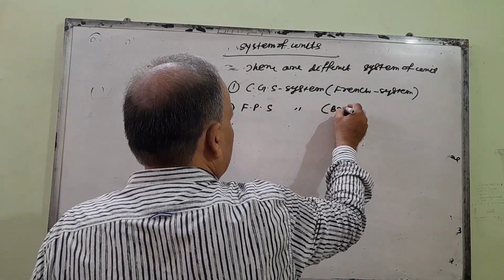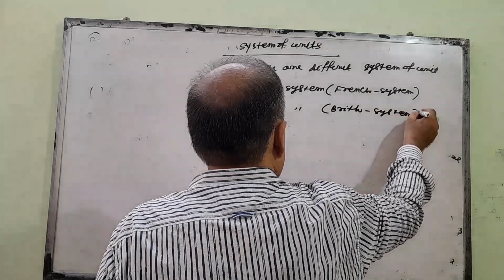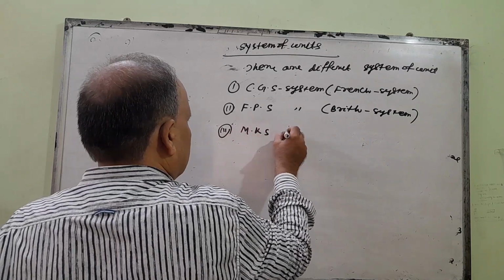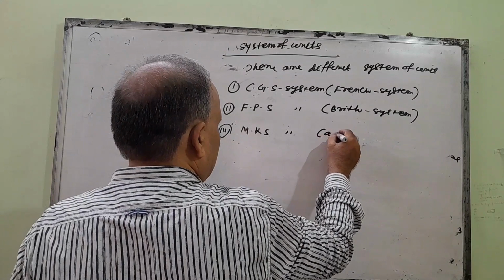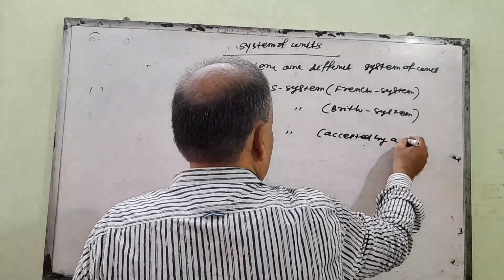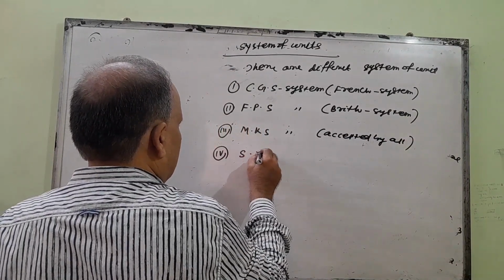This is your British system. Third one is the MK system. This is accepted by all. And the modified form of the MK system is SI.